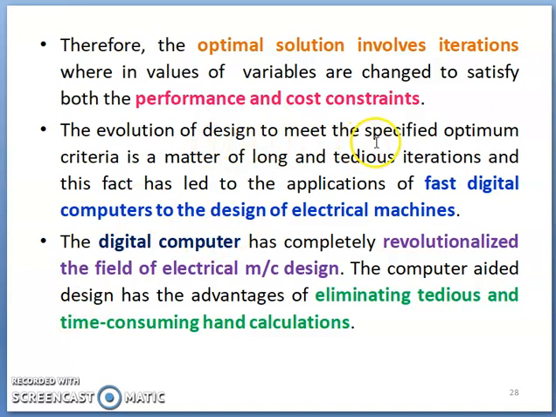Evolution of a design to meet the specified optimum criteria is a matter of long and tedious iterations, and in fact it has led to the application of fast digital computers to the design of electrical machines. So this is a modern trend in electrical machine design, the use of digital computers, and digital computers have completely revolutionized the field of electrical machine design.